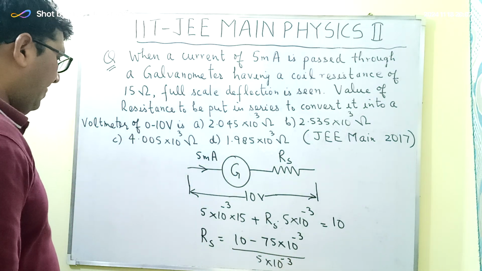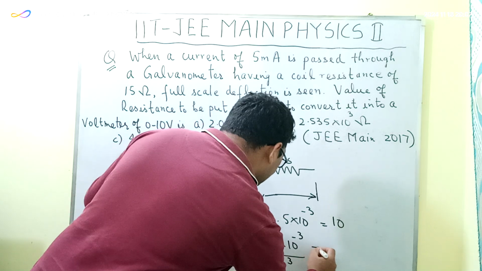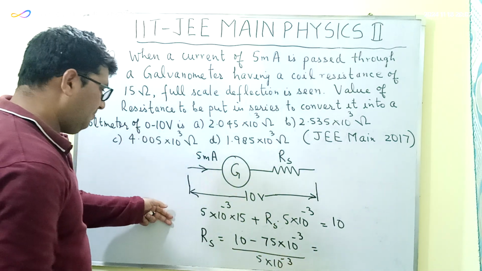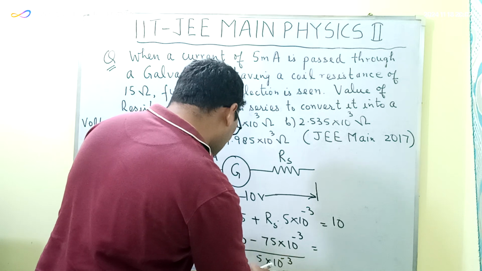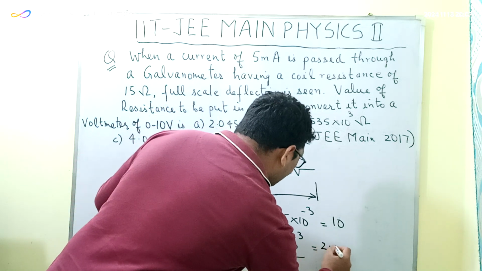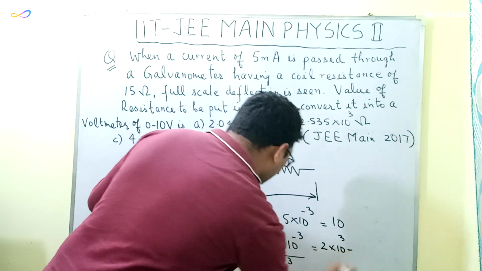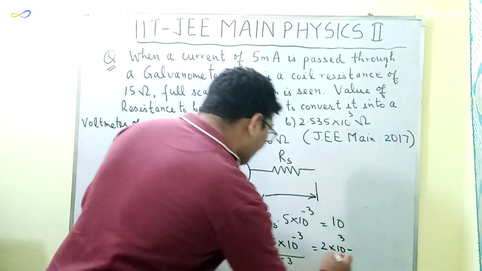From here we get the value as 2 into 10 to the power 3 minus 15.